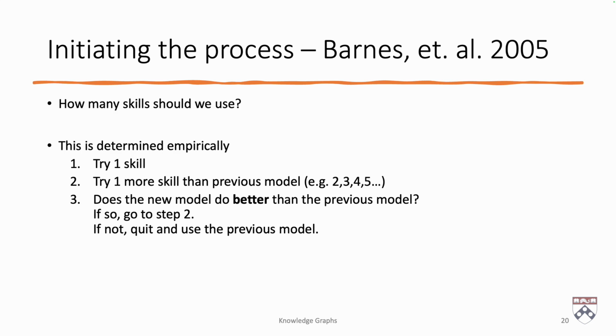Better is very subjective, but we can talk about how that can be determined shortly. Once you figure out a model that doesn't meet the criteria you want, you could go to step 2, add another skill to it, keep doing that until you get the best model, and then you quit. Now, the best model can be determined in many different ways. How?